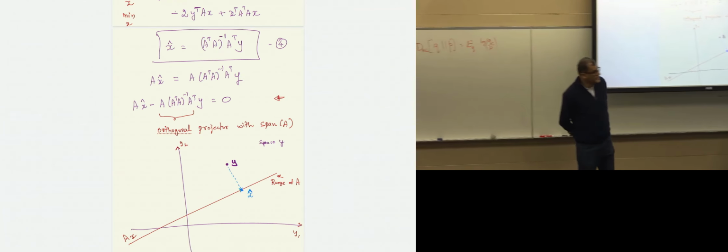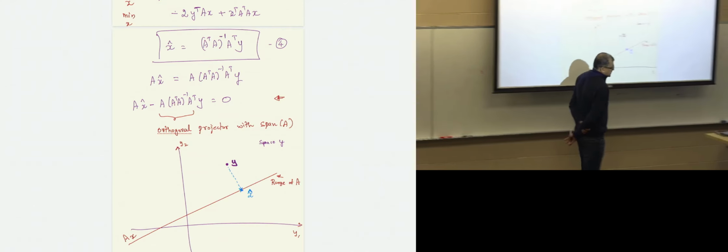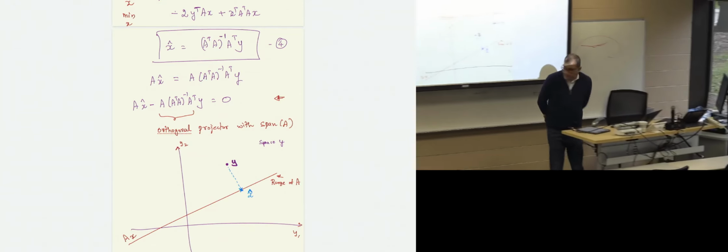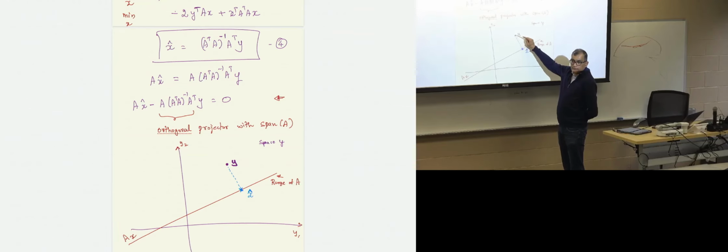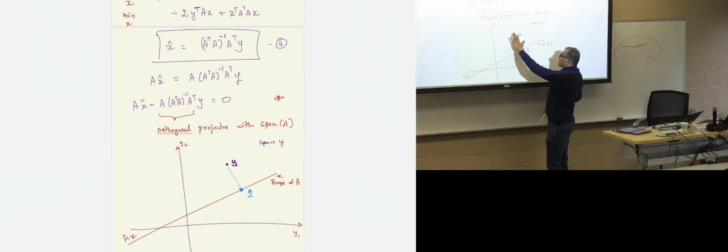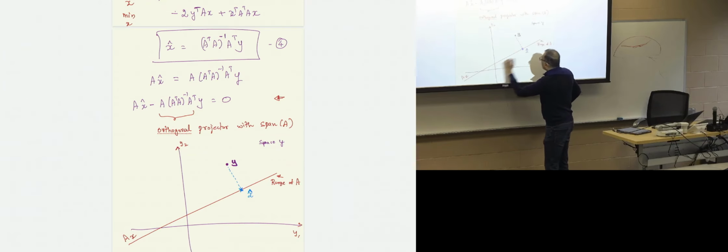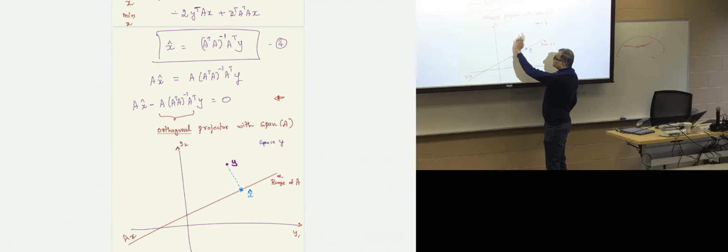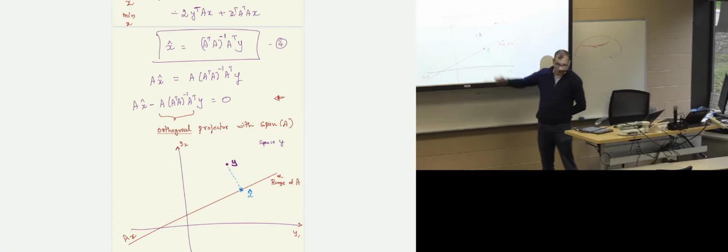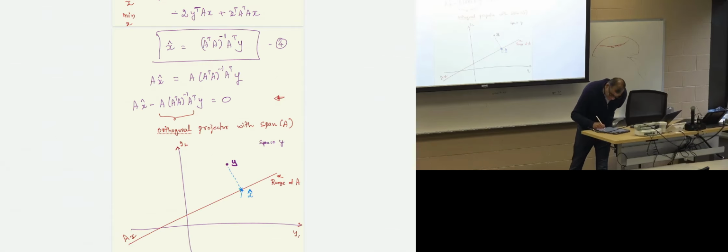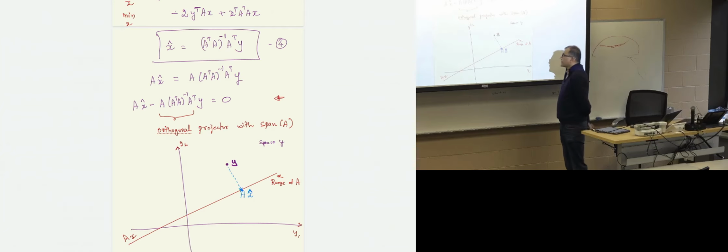What this says is the least squares solution is nothing but: you have a point, this is your data y, you project that y onto the range of A, and A x hat is the closest point to y.